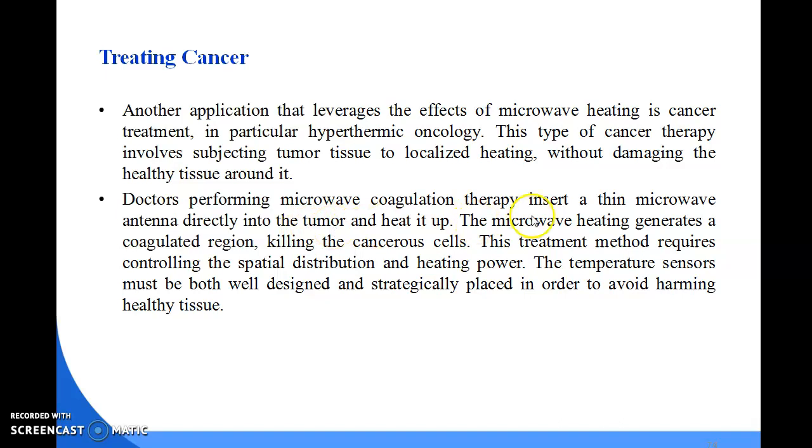The microwave heating generates a coagulated region, killing the cancer cells. This treatment method requires controlling the spatial distribution and heating power. The temperature sensor must be both well designed and strategically placed in order to avoid harming the healthy tissue.